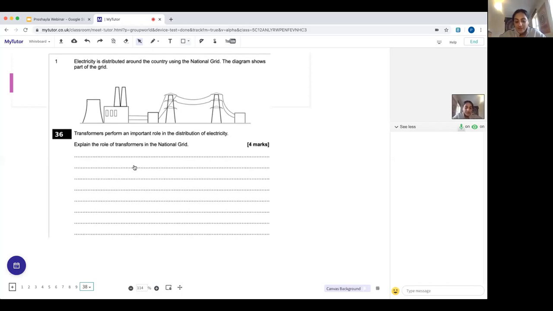If you've got any ideas on what you might want to include in your answer, put them on the chat, and then I'll have a look and see if we're kind of along the right lines, and then tell you exactly where you might get the marks. So what is the role of transformers in the national grid?